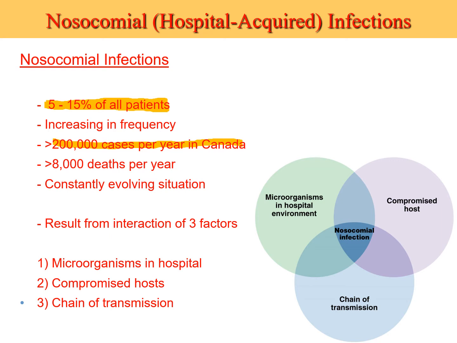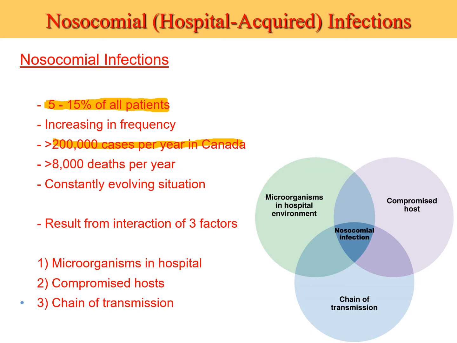It's a constantly changing, evolving situation. Hospitals typically have an infectious disease control team to educate and monitor and try and prevent nosocomial infections. And different facilities or different institutions have different percentages of cases.